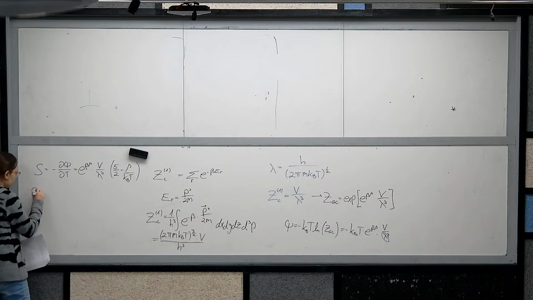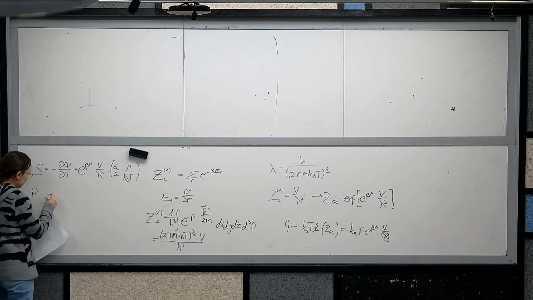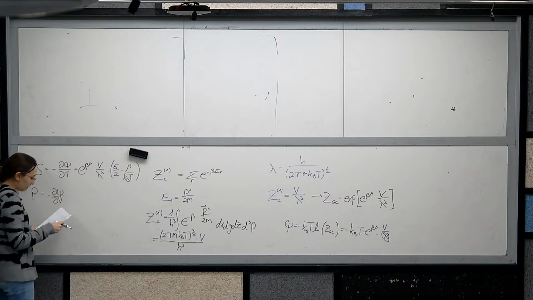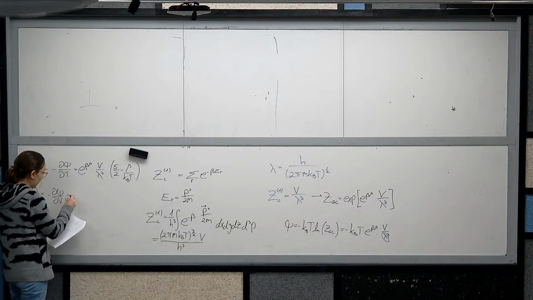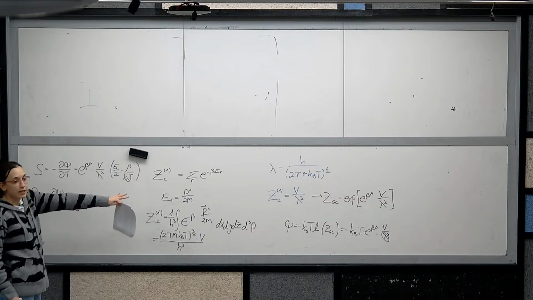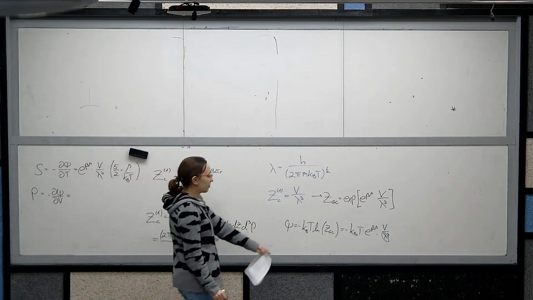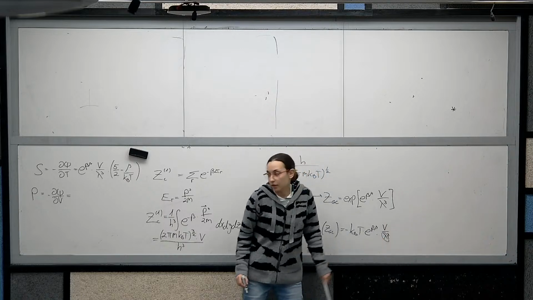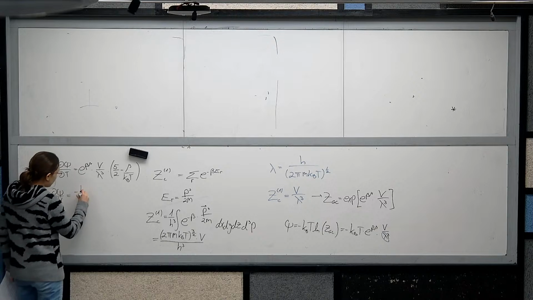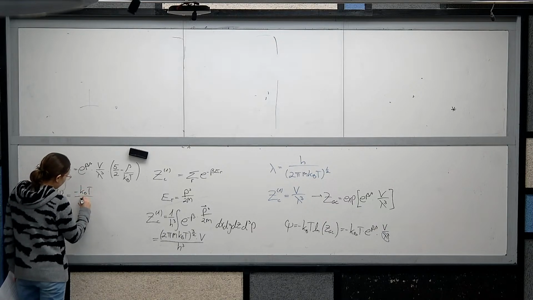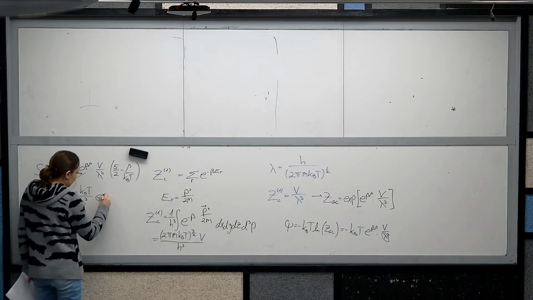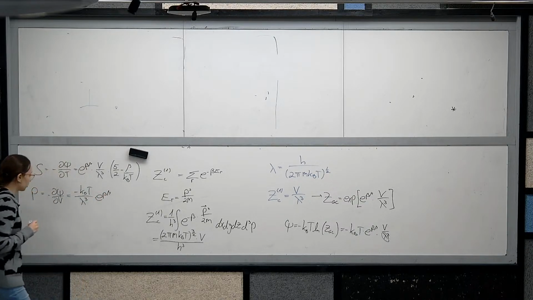Now the pressure is minus the derivative of psi relative to V. We don't have any dependence on V in lambda, so we only take the derivative relative to V. So we get minus kBT divided by lambda to the third, and we have the exponent of beta mu.